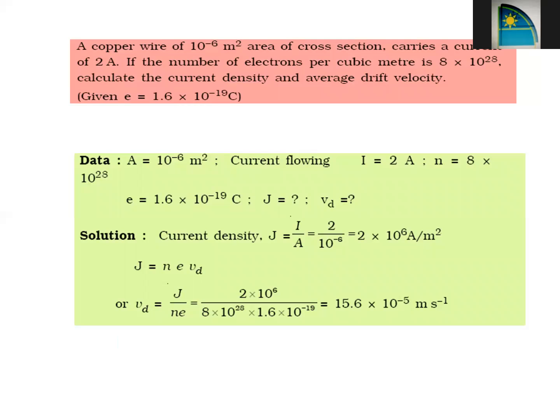So the formula is very simple. Current density is equal to NEVD, where VD is your drift velocity. So first you calculate current density in terms of current per unit area, then use the another relation of current density and calculate the value of drift velocity.